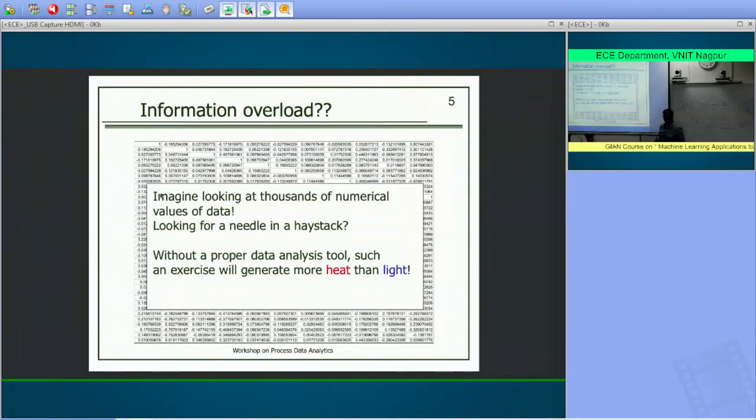For instance, this is the correlation between, I think, variable 37 and variable 4. Those variables that have strong correlations are shown in red. Those variables that have mild correlations are shown in white or yellow. So plots like this help you to understand how different variables in your process are interacting.